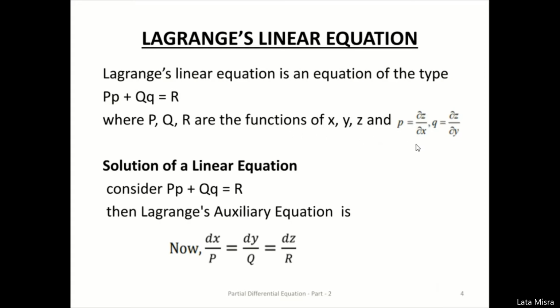Small p is del z by del x, small q is del z upon del y. Now the solution of this Lagrange's linear equation: first we have to find Lagrange's auxiliary equation. Lagrange's auxiliary equation is dx/P = dy/Q = dz/R.